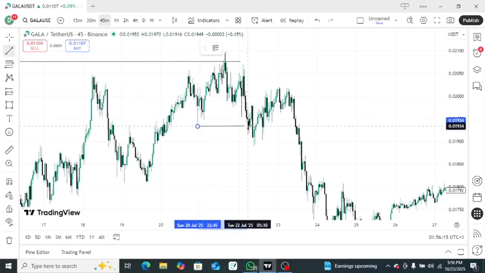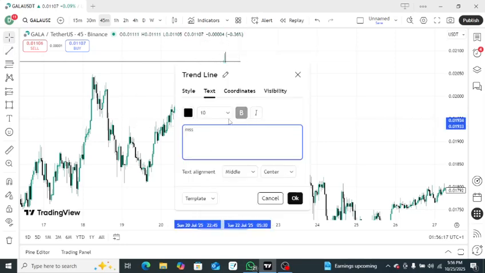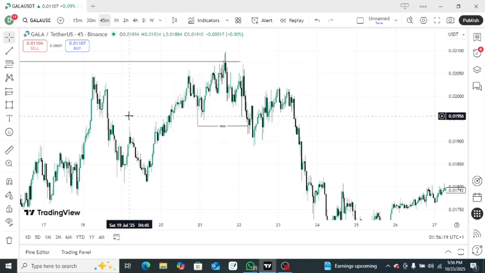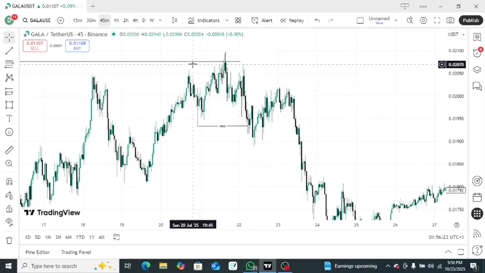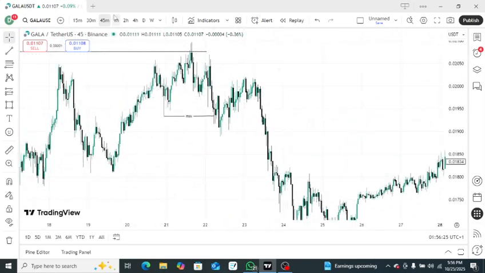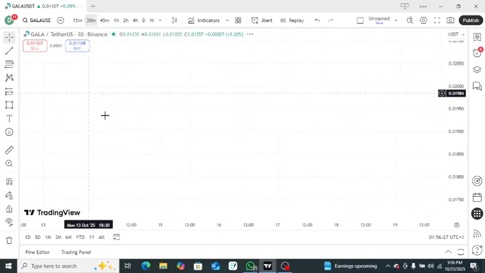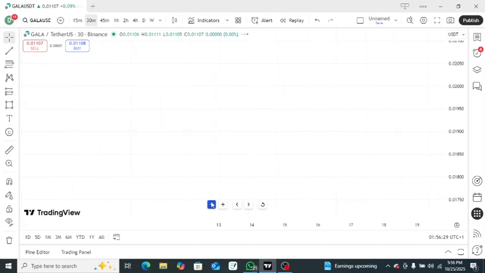Now that we had a market structure shift, I wanted price to come back into this point of interest, but looking at this point of interest here, I wanted to make sure that the order block was minimized a little for me. So I went to the 30-minute time frame.